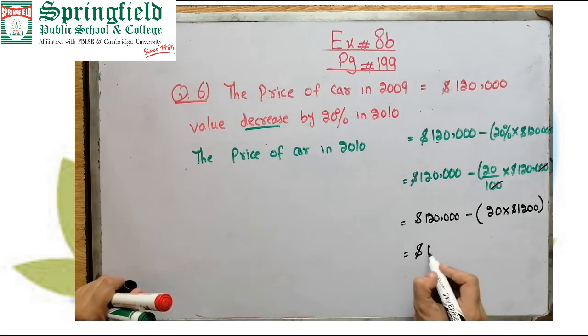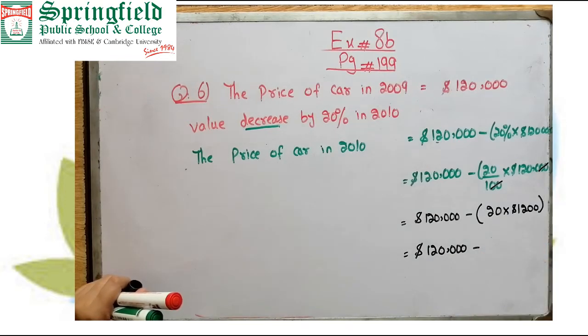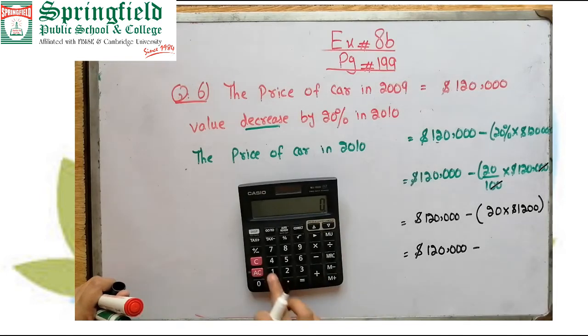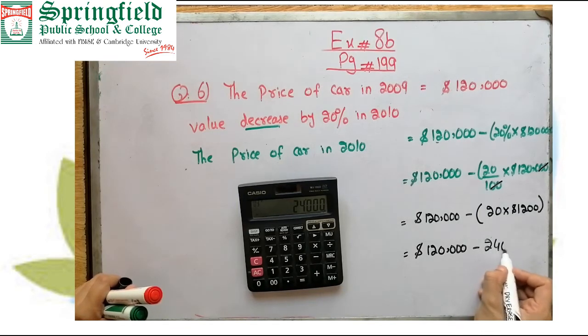Then $120,000 minus 20 multiplied by 1200 will be the answer. 1200 multiplied by 20 is 24,000.